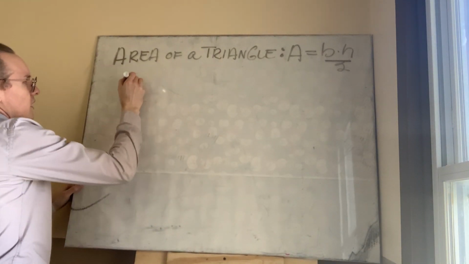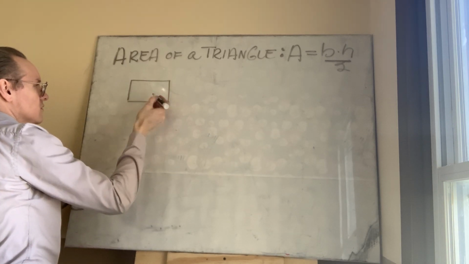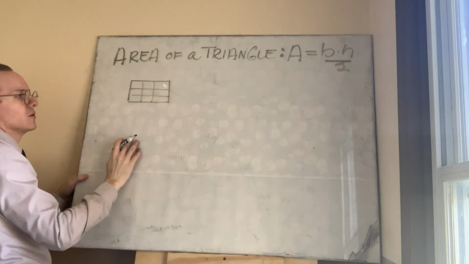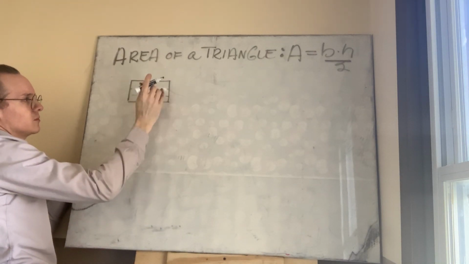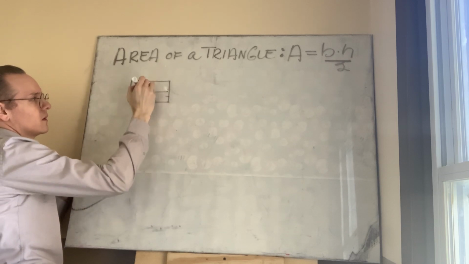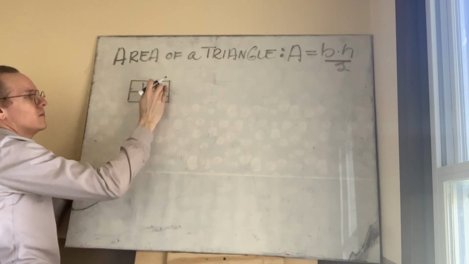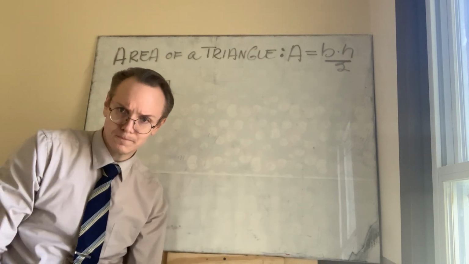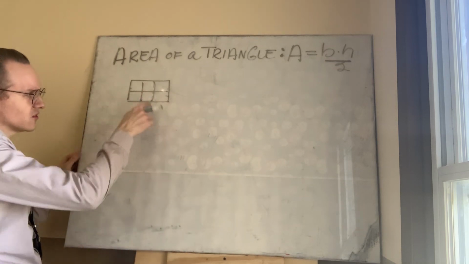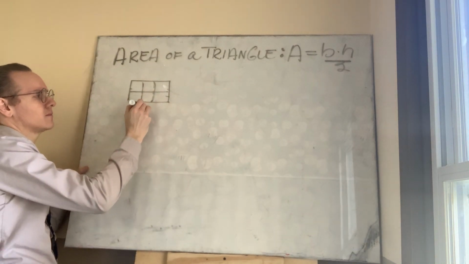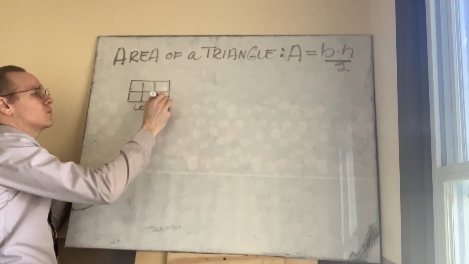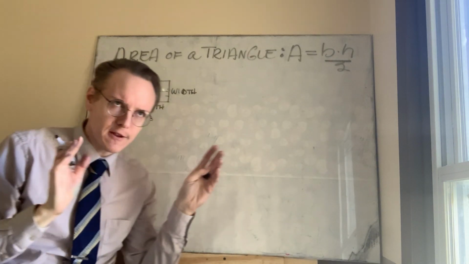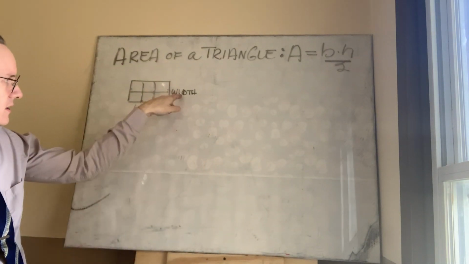Area of a regular rectangle is the dimensions this way times the dimensions this way. So I should have done something a little bit less square here. Assuming that a rectangle has different side lengths, they don't label it as side by side. They call it length and width respectively, just to sort of imply that the number here is not the number here.